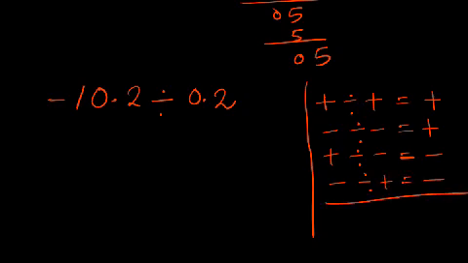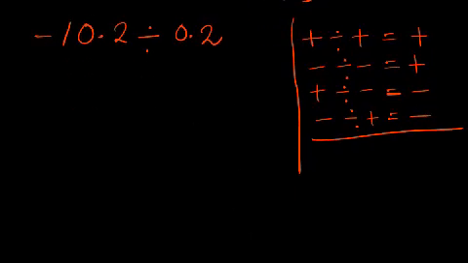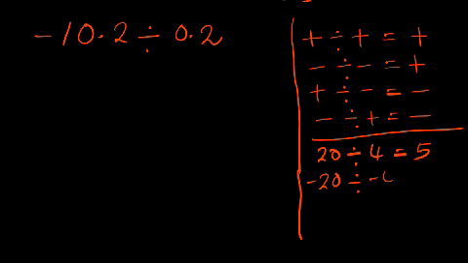For example, I'll show an example. 20 divided by 4 is equal to 5. Negative 20 divided by negative 4 is also positive 5 since both numbers are negative.